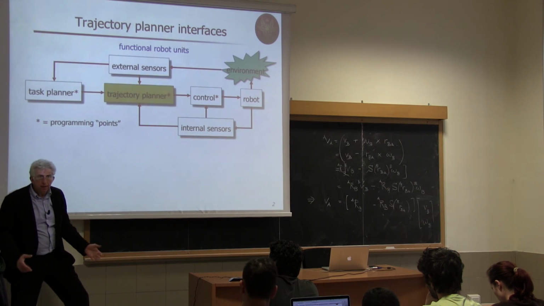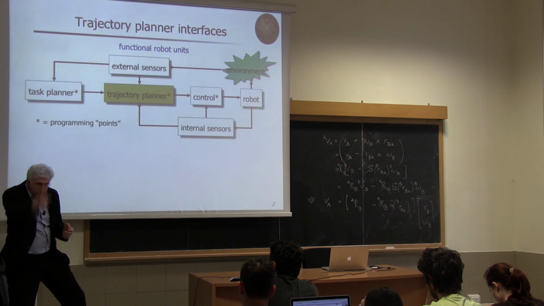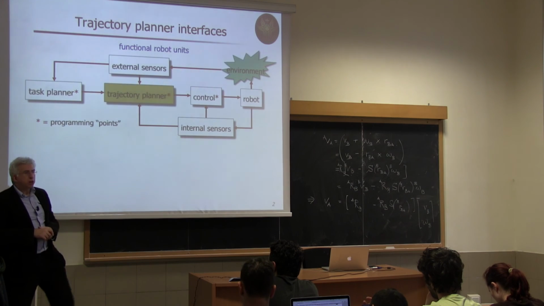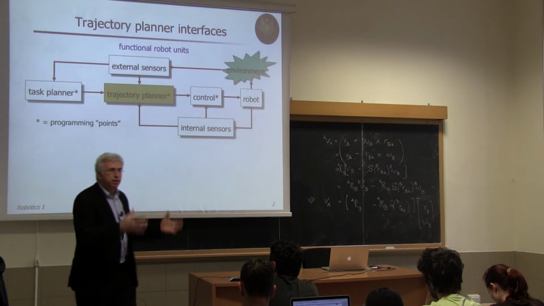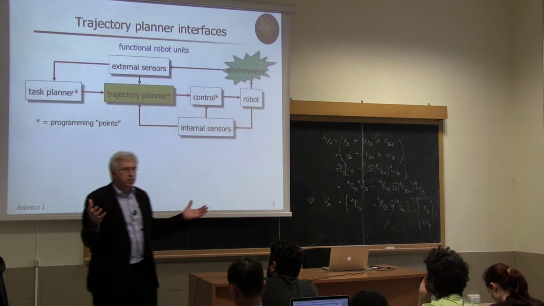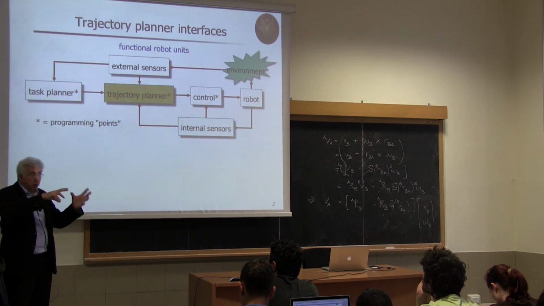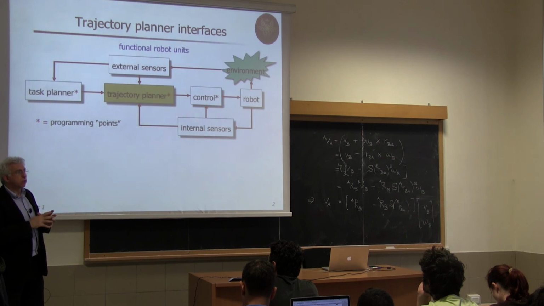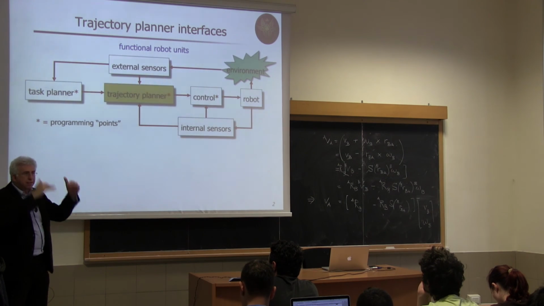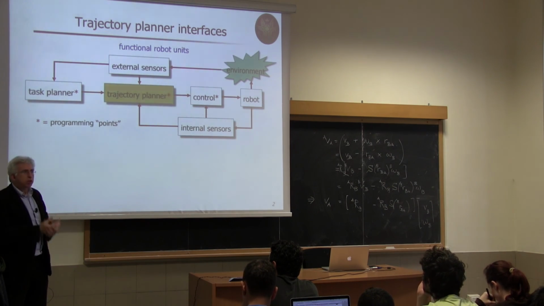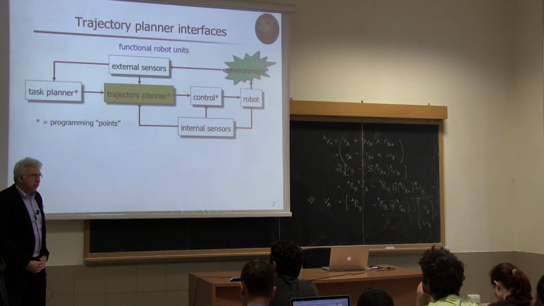For instance, the robot should pick an object on the conveyor belt and put it into a bin. So this is the task, and maybe recognizing which object to pick and which not, and so on. So at the highest level, there should be some generator of elementary frames associated to this task.